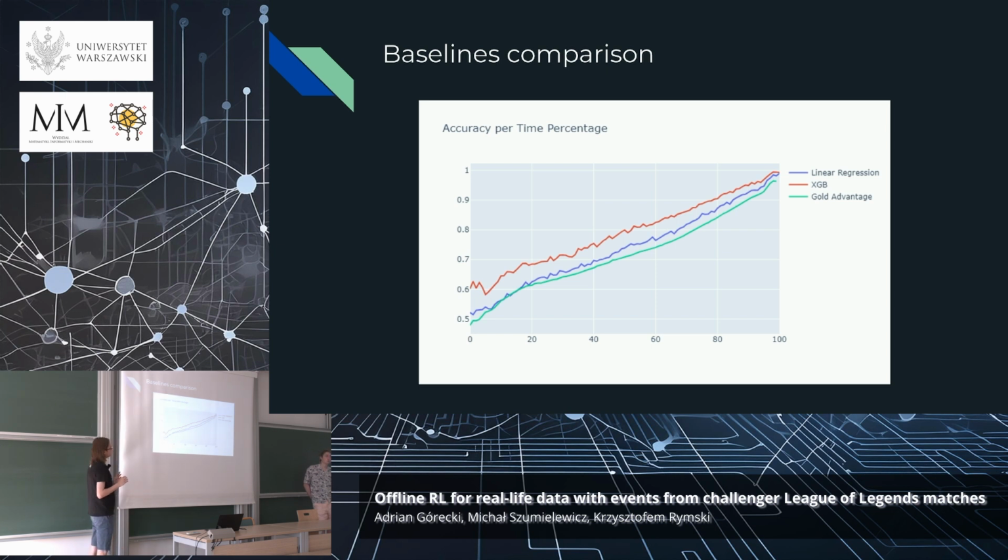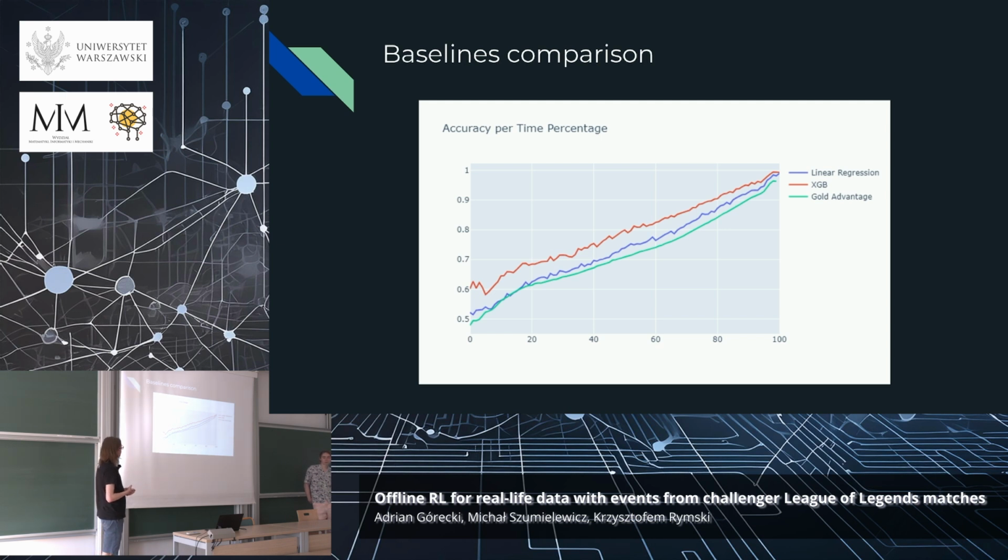We could have tested a few different graphs, for example per second of the match, but because the matches differed in length by quite a lot, we had both 15 minute matches and 50 minute matches, we found out that this kind of graph was the most representative of the performance of models, so that's what we use most of the time.